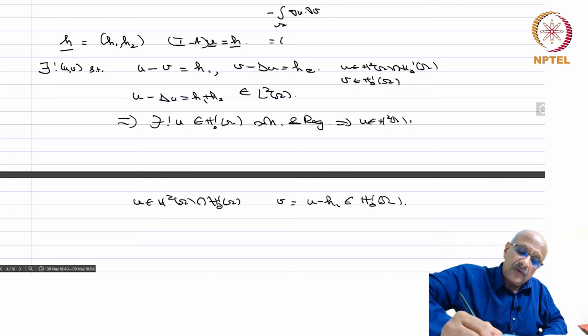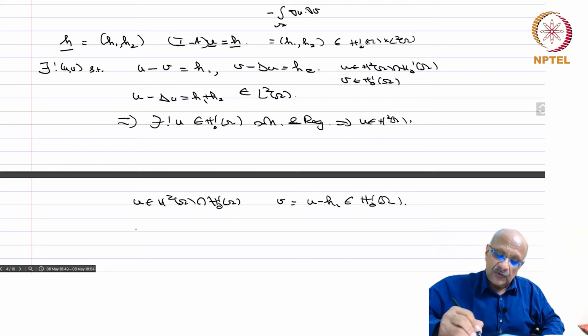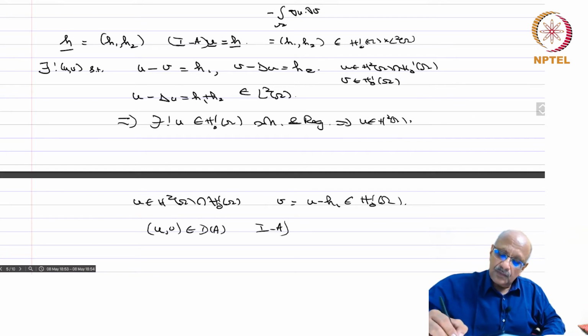So h equals (h1, h2); remember this belongs to H^1_0(Ω) cross L^2(Ω). Okay, so this belongs to H^1_0(Ω), and therefore we have that (u, v) belongs to D(A), and you have (I − A)u equal to h.